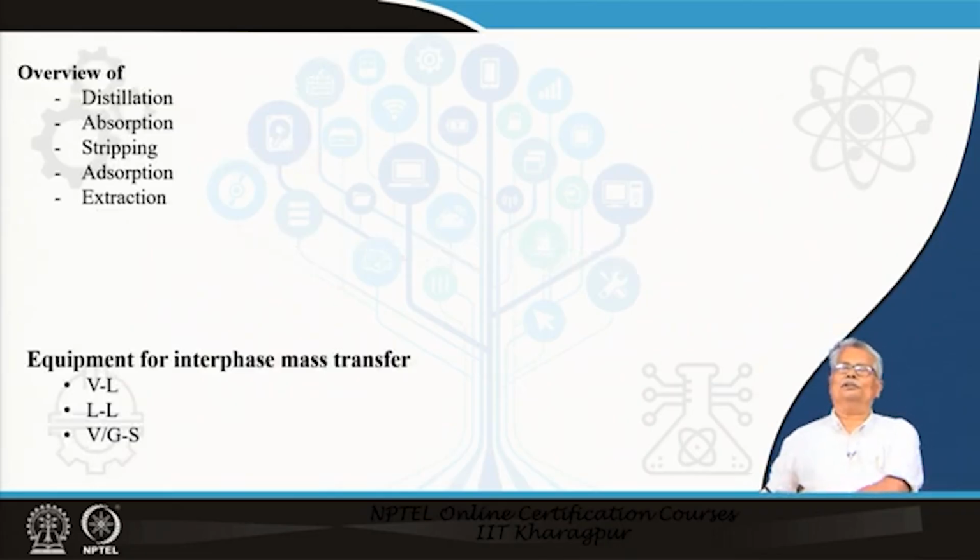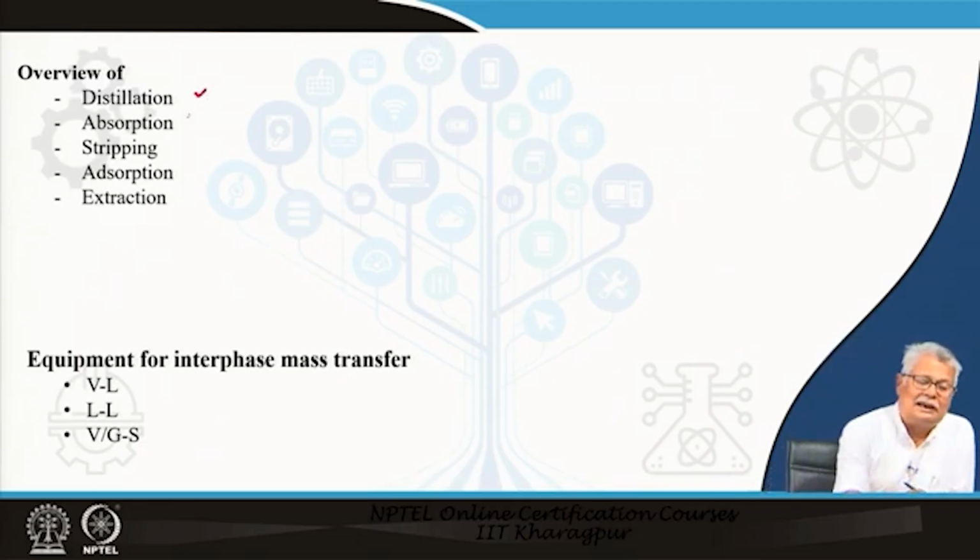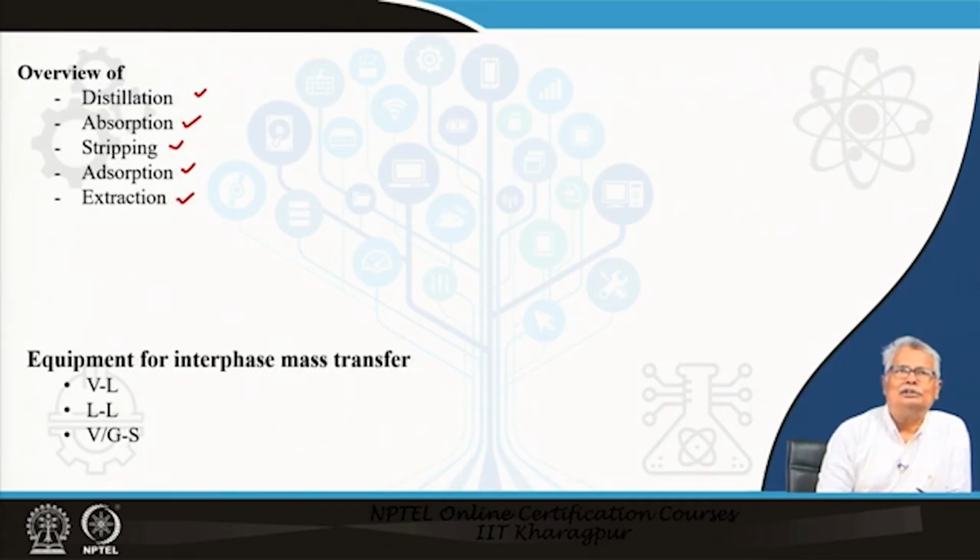If we talk about the mass transfer processes, here is a list of what we have covered. We definitely have covered distillation, absorption, stripping, adsorption and extraction. Now, if you have noticed, definitely out of these, extraction is a liquid process.